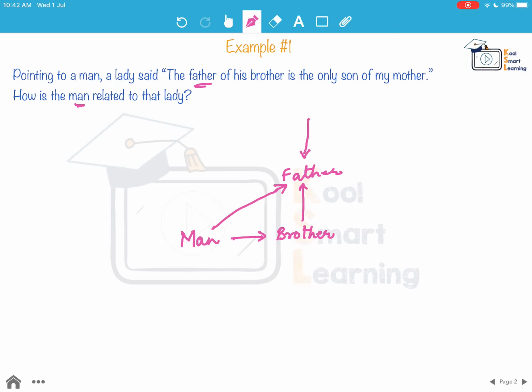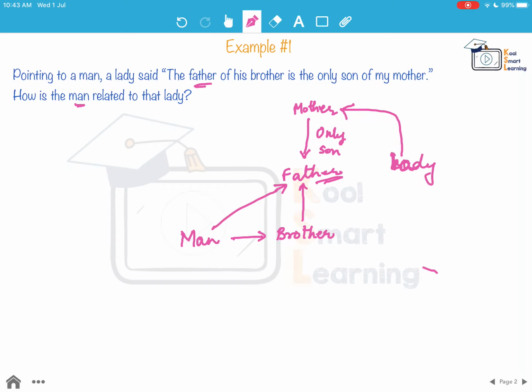The father of his brother is the only son. So this is the father's mother, and he is the only son of my mother. So that means she is also the mother of the lady, right? Because the lady is saying he is the only son of my mother. So we've started from the man, his brother's father, and now he is the only son of the lady's mother.